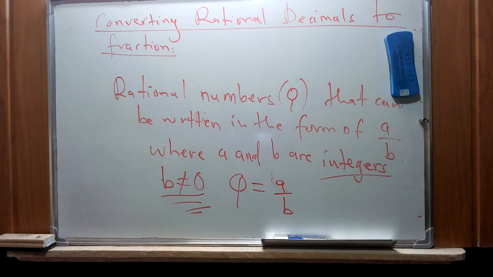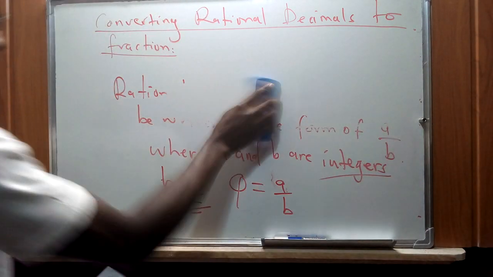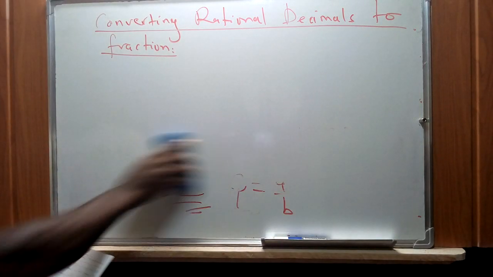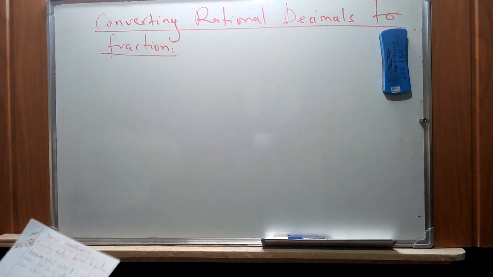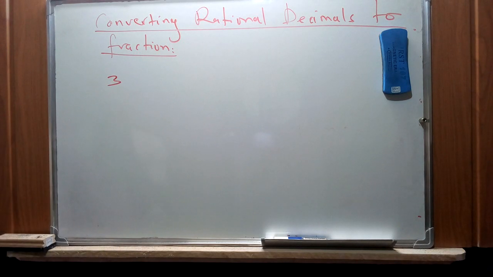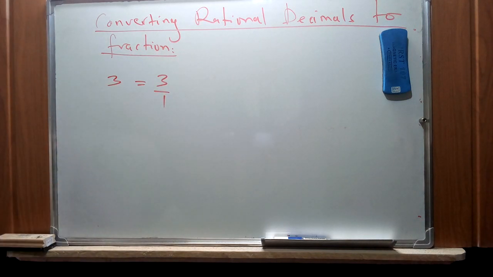In decimal notation, these rational numbers that we have designated as Q are either recurring or terminating. I'm going to give an example. For instance, if I write the number 3, this can be written as 3 over 1, since a number over 1 maintains its value.